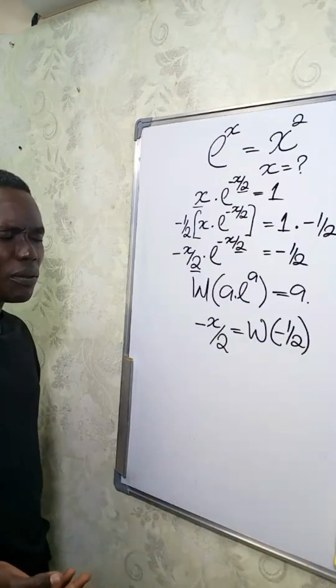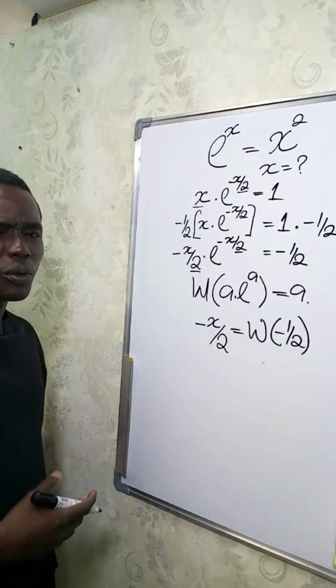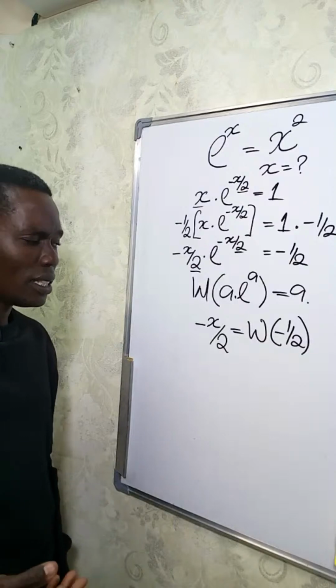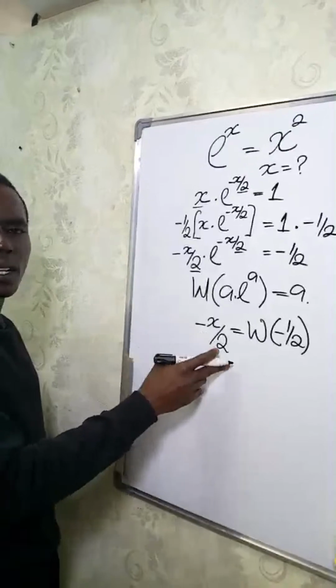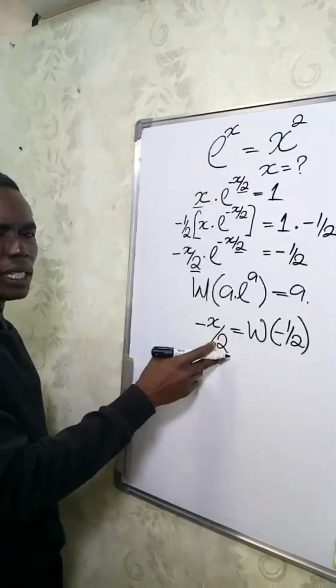Great. Now, what do we do? We have to simplify. And to simplify, we have to multiply both sides by negative 2. That will help us clear the 2 and the negative sign here.